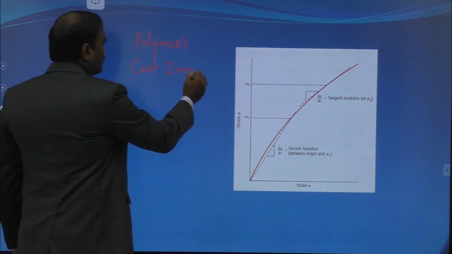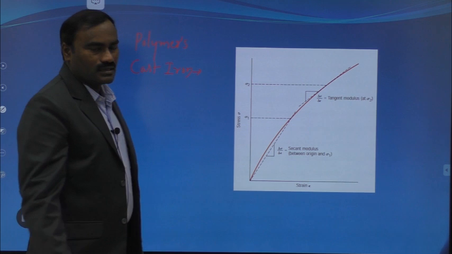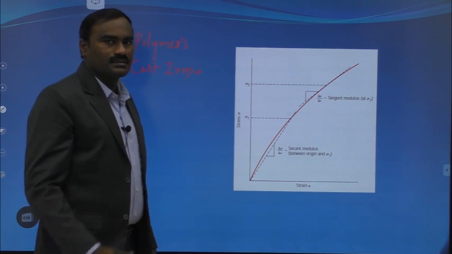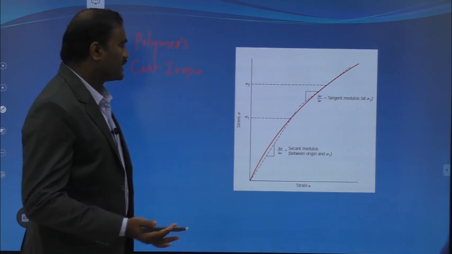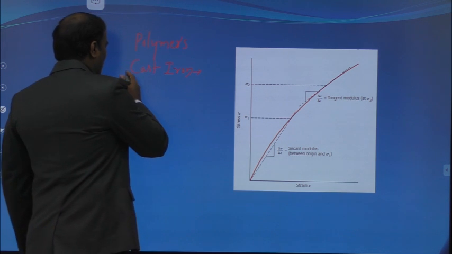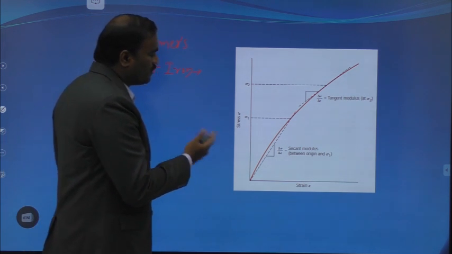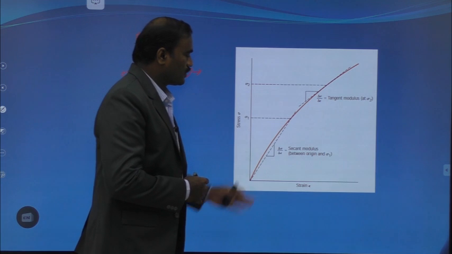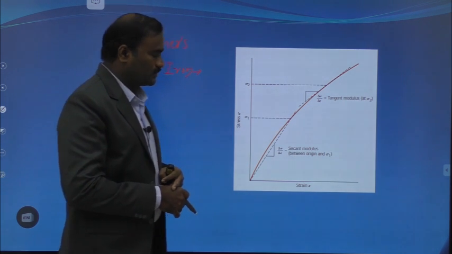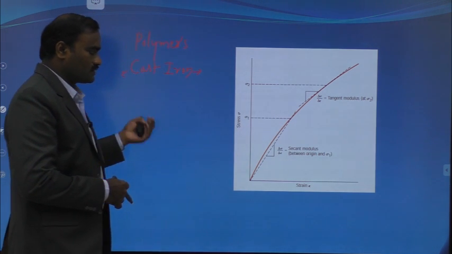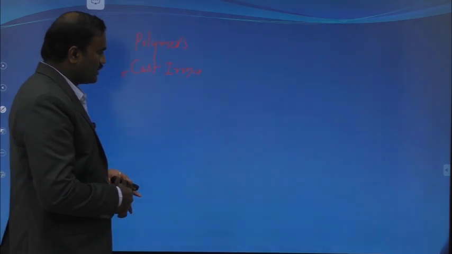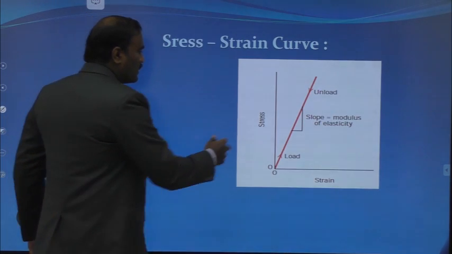Cast iron is an iron, but it has a relatively lower melting point compared to the iron. So they will exhibit a particular kind of stress strain curve. The stress strain curve which we have seen in the previous slide is a linear curve.